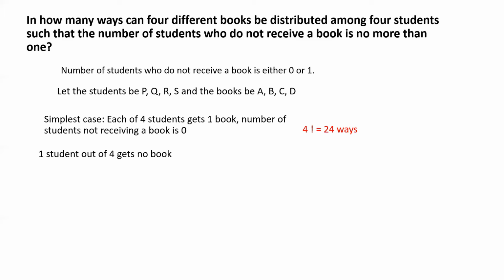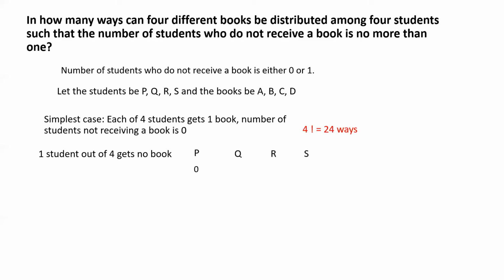So what is this scenario going to look like? That's why we have these notations PQRS for the students. Let's assume that in one such scenario, P is the student who does not get any book. So P gets 0 books.